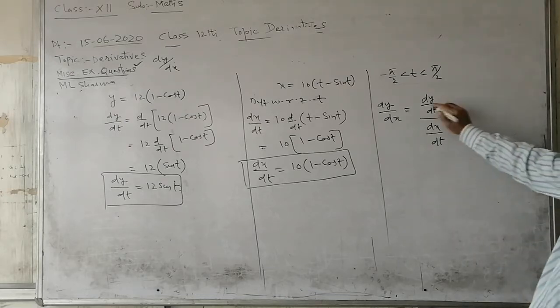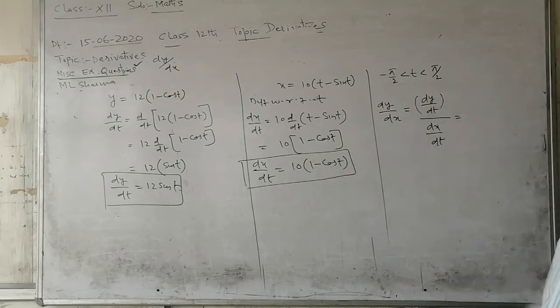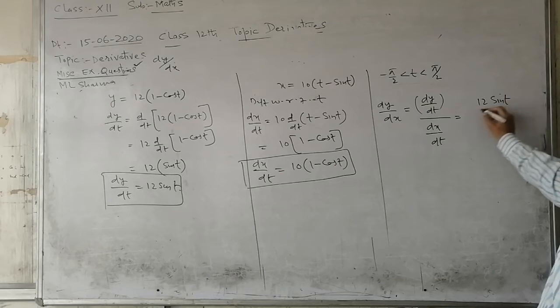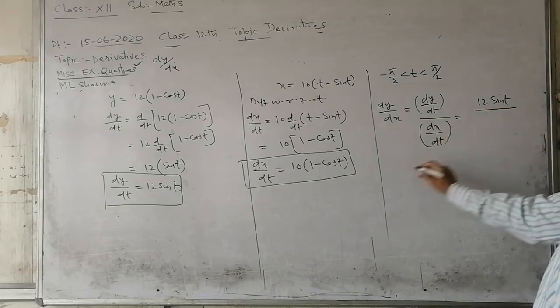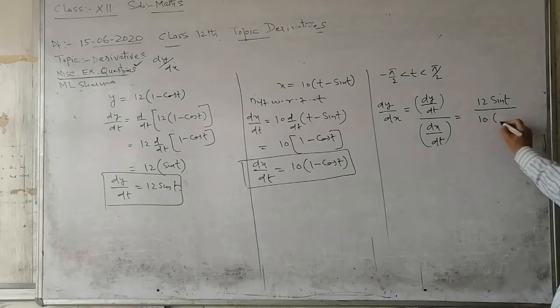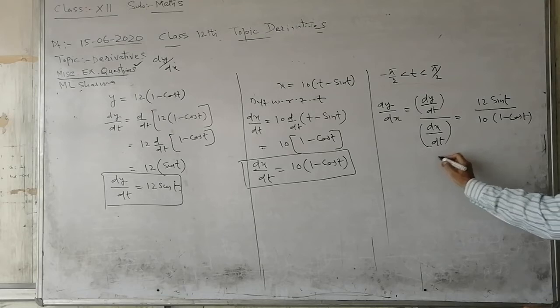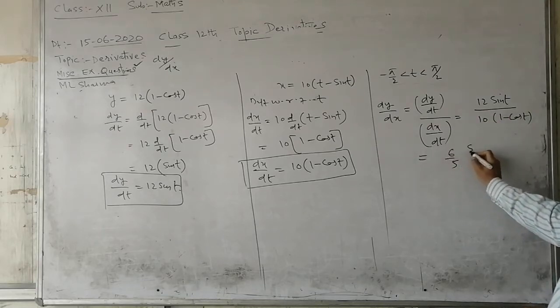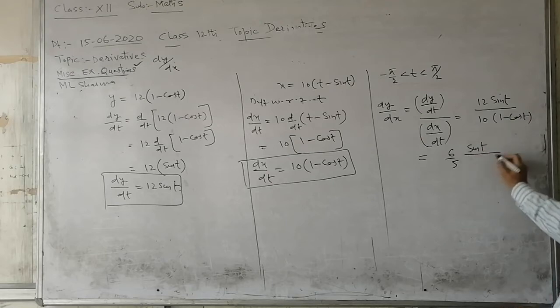The value of this is 12 sin t, and the value of this is 10 times 1 minus cos t. This is equal to 6 upon 5 times sin t upon 1 minus cos t.